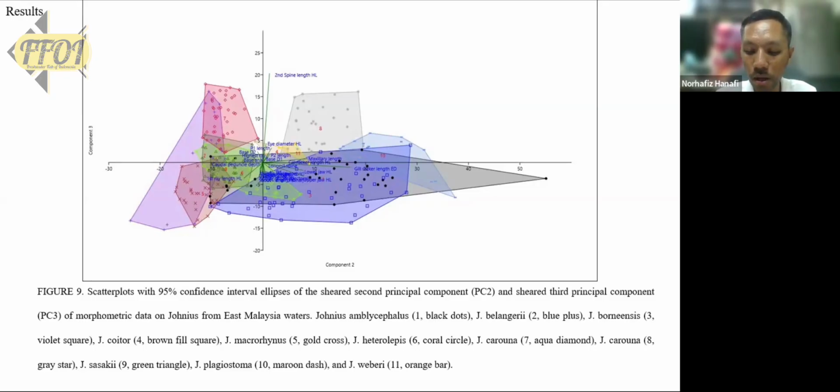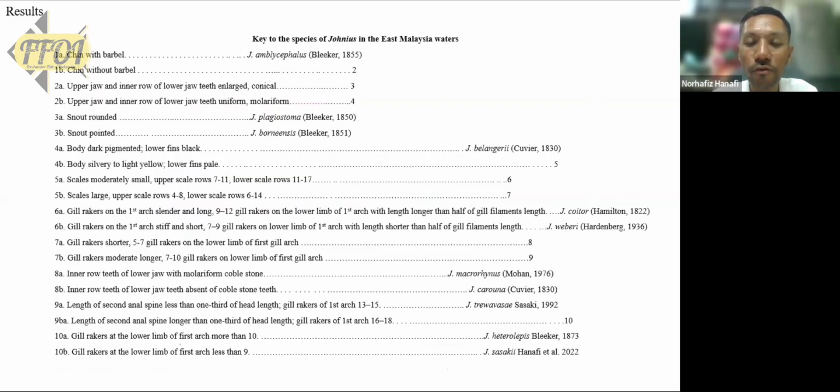So we can know the important measurements that we can bring to the field. This analysis is very important for morphological analysis, so that we can see the differences in morphological variation. From that analysis, that is how I can build up the key to the species.